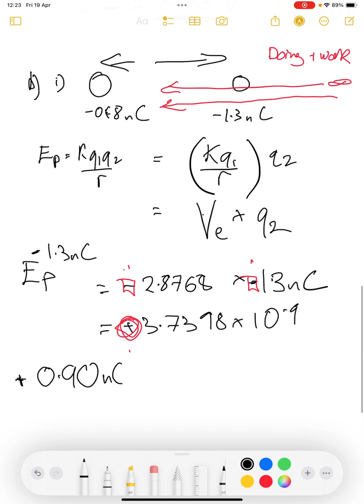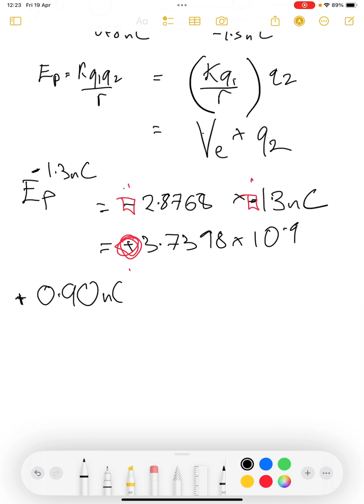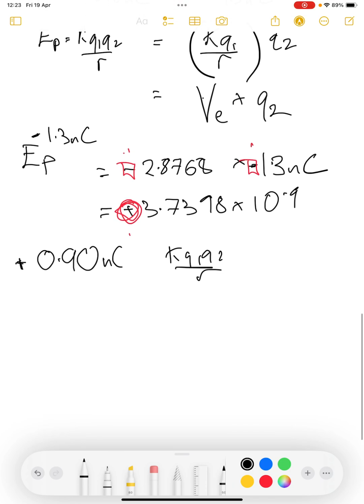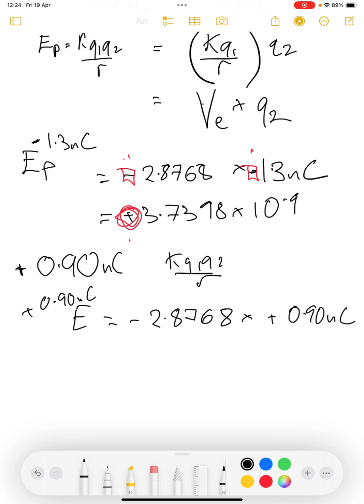So again, you could do it by plugging in the numbers into K, Q1, Q2 over R, but the quicker one is just to say the energy at 0.90 nanocoulombs plus is going to be minus 2.8768, that's the potential, 1.5 meters, times by my plus 0.90 nanocoulombs.